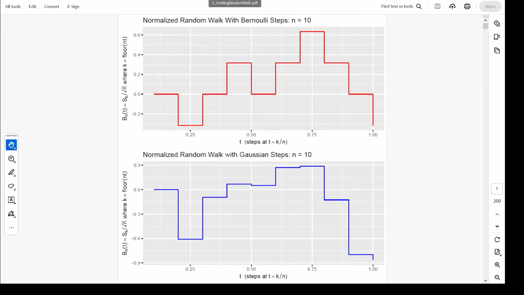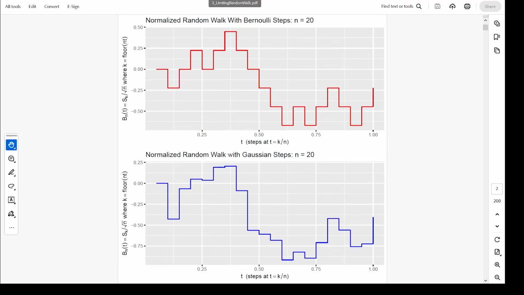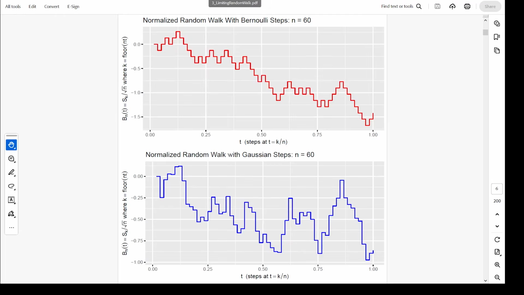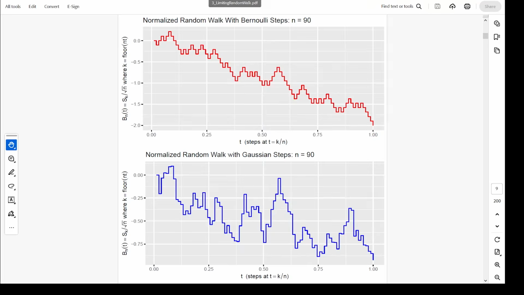So here is a cumulation or a random walk with 10 steps. The top panel corresponds to unit +1 or -1 steps, and the bottom panel corresponds to Gaussian steps. And if we increase the number of steps and normalize them by dividing by root t, we end up getting these different paths tracing out.